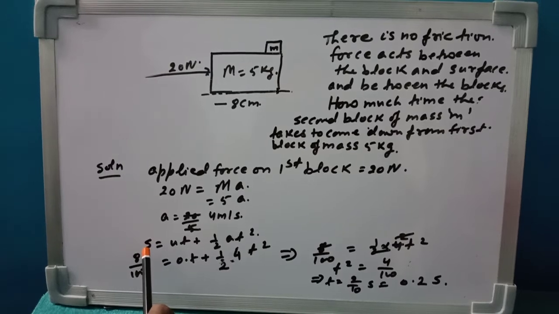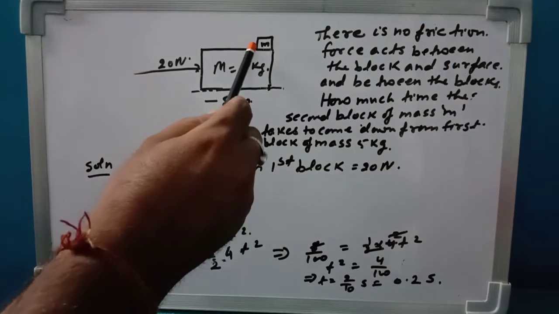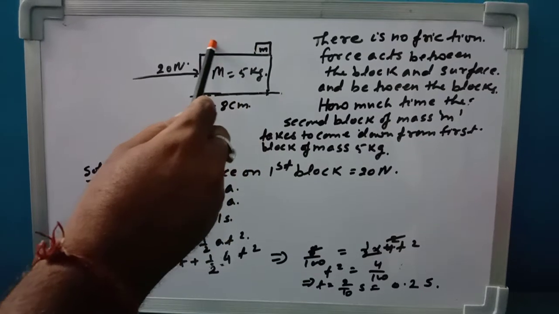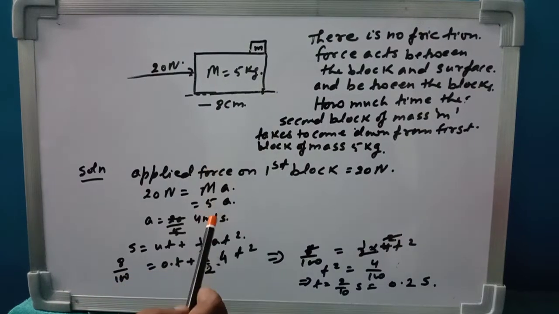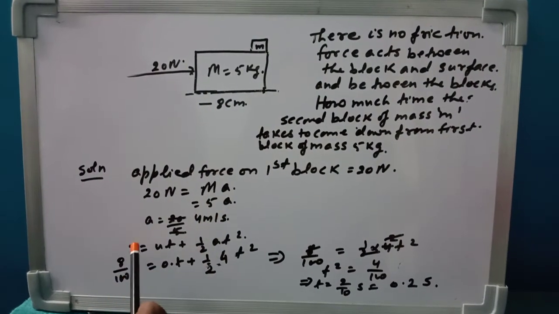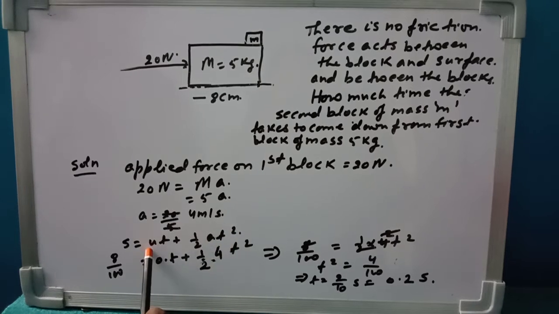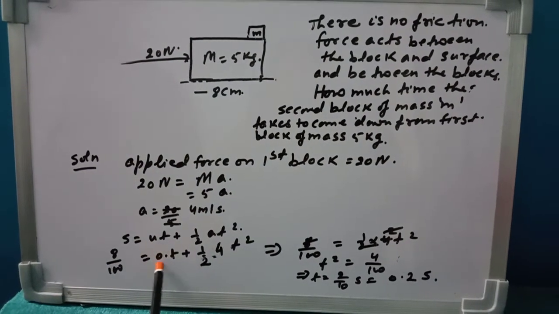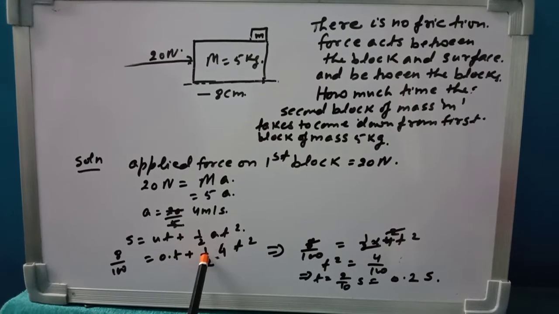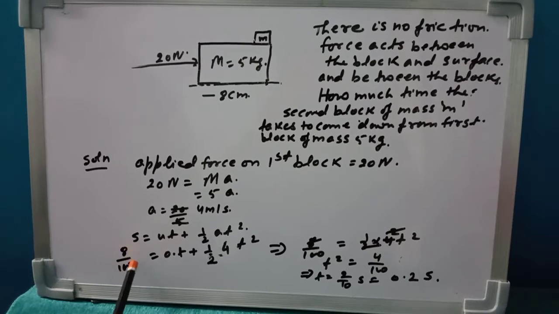Now all of you know that s is equal to ut plus half at square. This small mass will move with the same acceleration by which the bigger mass is moving, that is 4 meter per second square. So s is equal to ut plus half at square. How much is u? Initially the blocks are at rest, so u is equal to 0, into t plus 1 by 2 into 4 into t square is equal to 8 by 100.